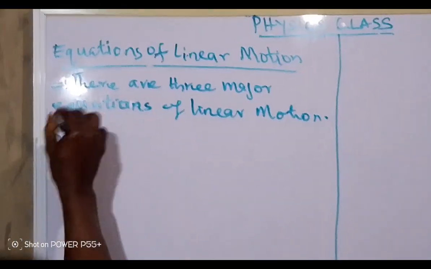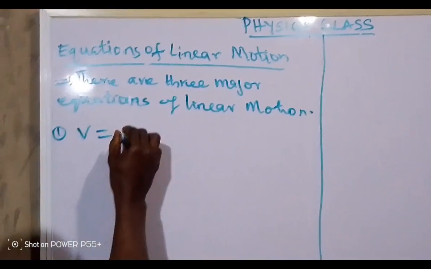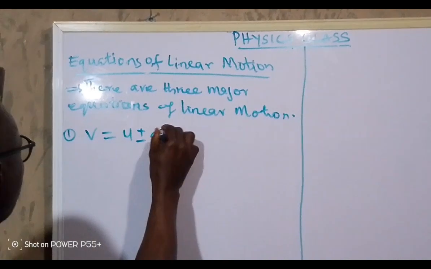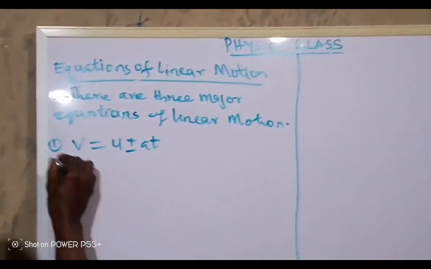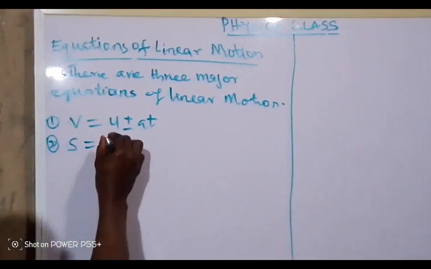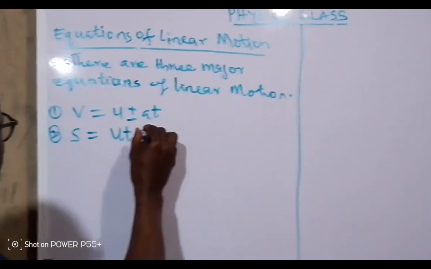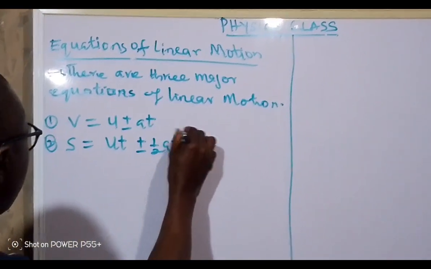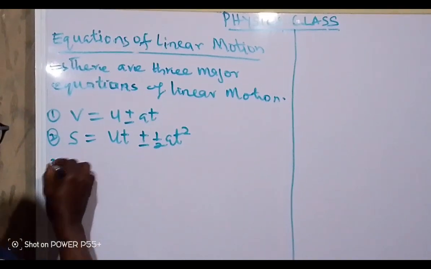1. V is equal to U plus or minus AT. 2. S is equal to UT plus or minus half AT square. 3.